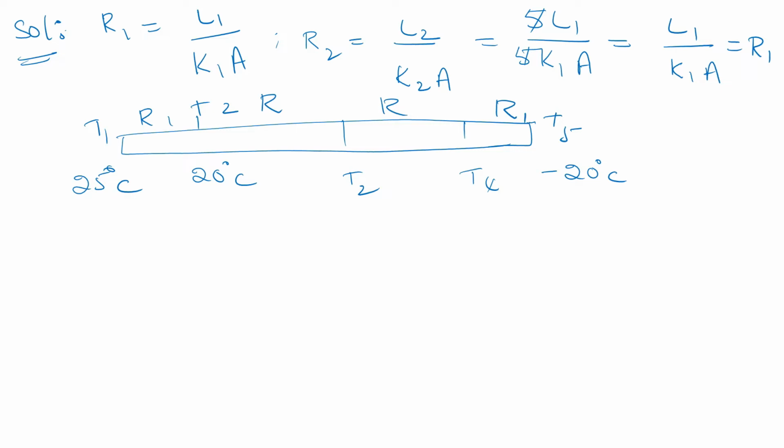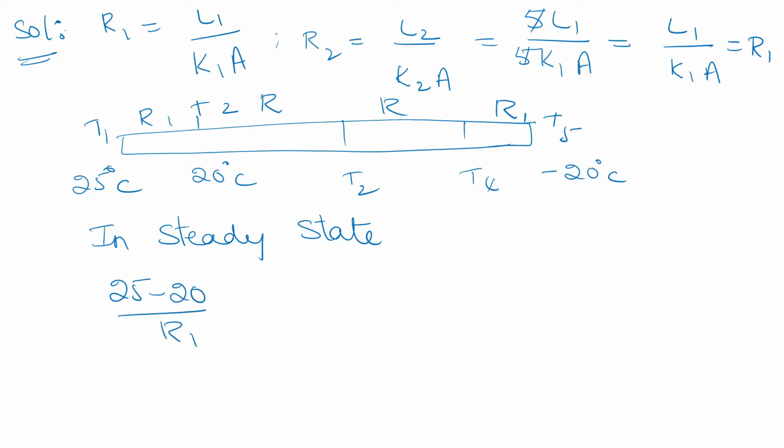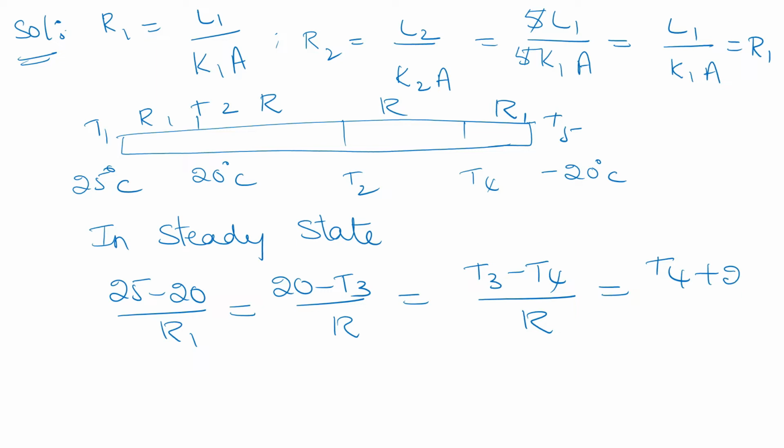In steady state, 25 minus 20 by R1 is equal to 20 minus T3 by R, which is equal to T3 minus T4 by R, which is equal to T4 plus 20 by R1.